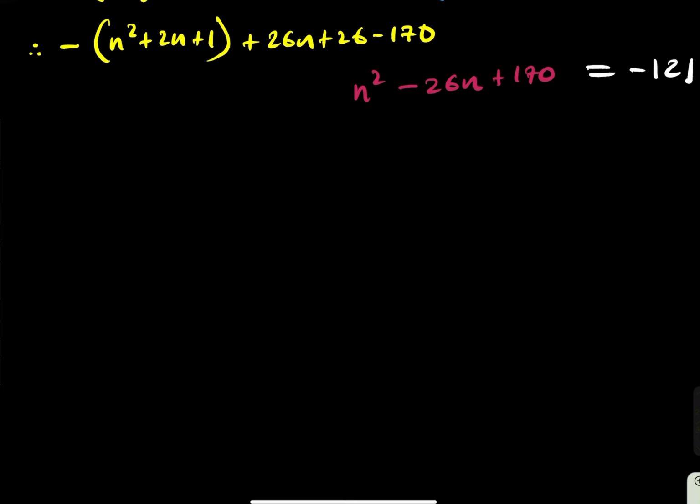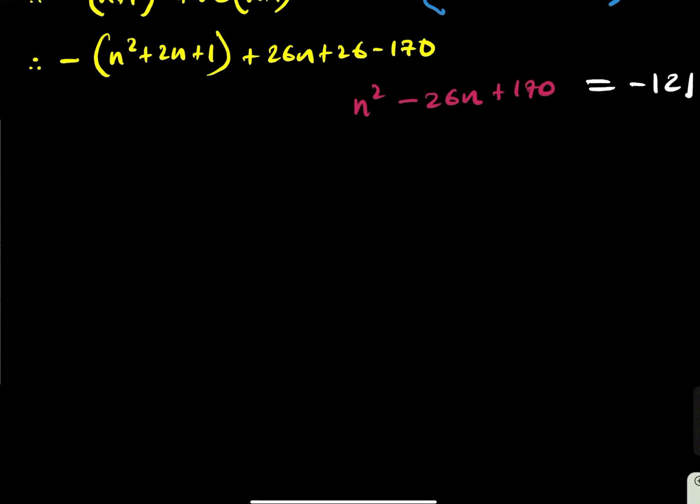So I need to simplify it carefully. Observe, in fact, that 170 and negative 170 undo each other. And the negative 26n and this one undo each other. So you are basically left with the n squared terms.